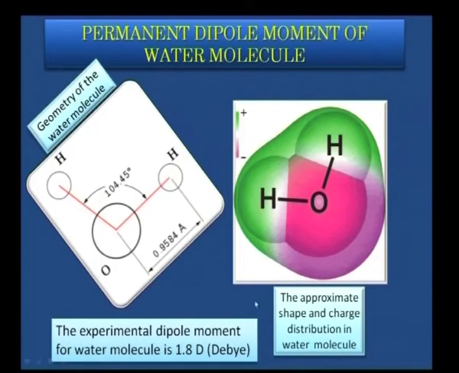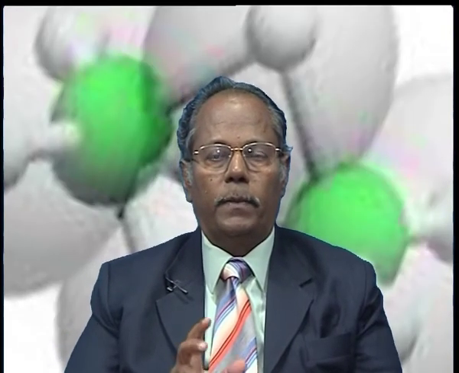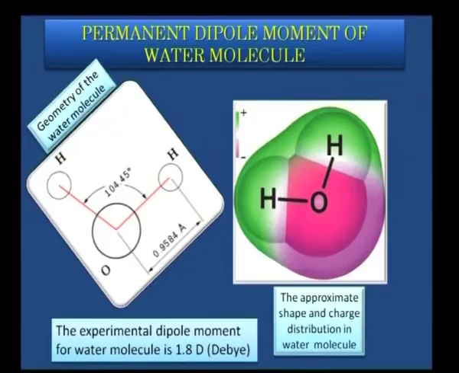That is the reason why it acquires a dipole moment. The experimental dipole moment measured for the water molecule turns out to be 1.8 debye. Debye is the unit by which the dipole moment is measured. It is expressed in terms of so many debyes.